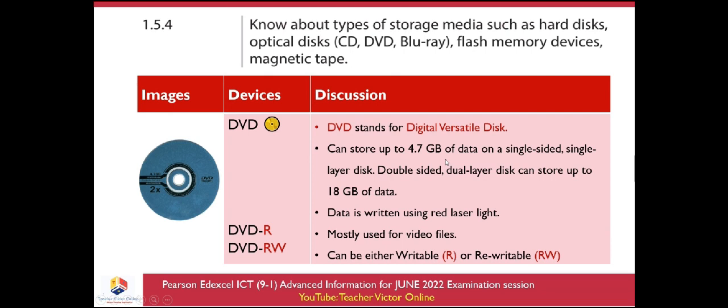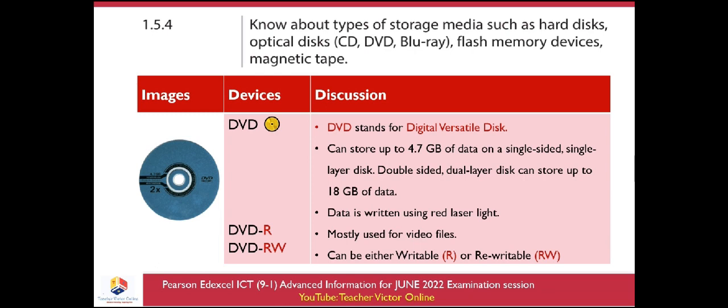What can you say about a DVD? DVD stands for digital versatile disk, and a DVD can store up to 4.7 GB of data on a single-sided single-layer disk. A double-sided disk, that is dual-layer disk, can store up to 18 GB of data. And data is written using a red laser light on DVD.